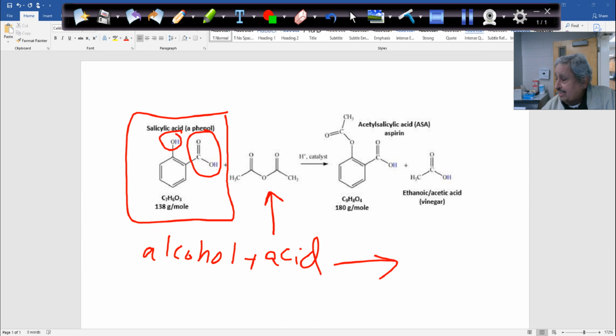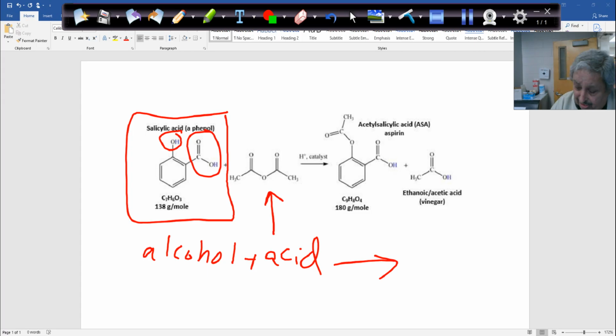This salicylic acid can act as an alcohol, phenol, and the acetic acid anhydride, two acetic acid molecules with one molecule of H2O pulled out, is an anhydride, very reactive.